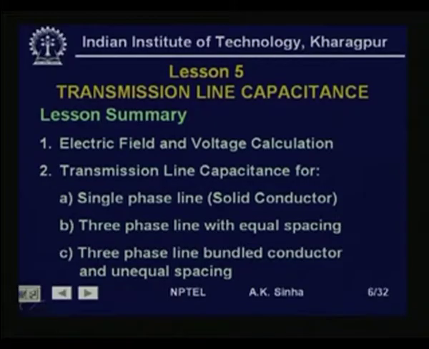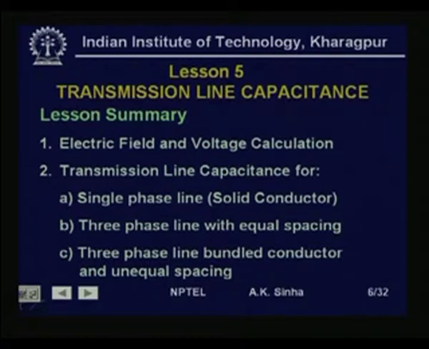So, having answered these questions, now we will go into the main part of lesson 5. As I said earlier, we will be talking about transmission line capacitance and its calculation. Here we will first start with electric field and voltage calculation.